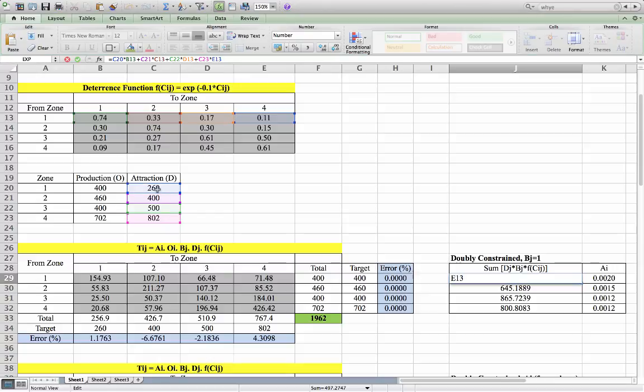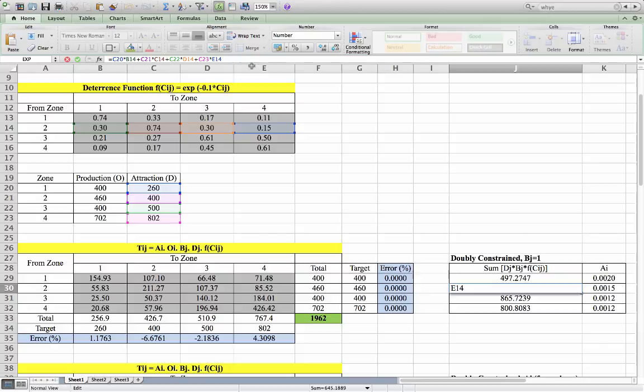So we multiply 260 by 0.74, 400 by 0.33, 500 by 0.17, 802 multiplied by 0.11, and we sum this to get this summation value. Then Ai is 1 over this summation value, so it would be 1 over this cell. We get the Ai.